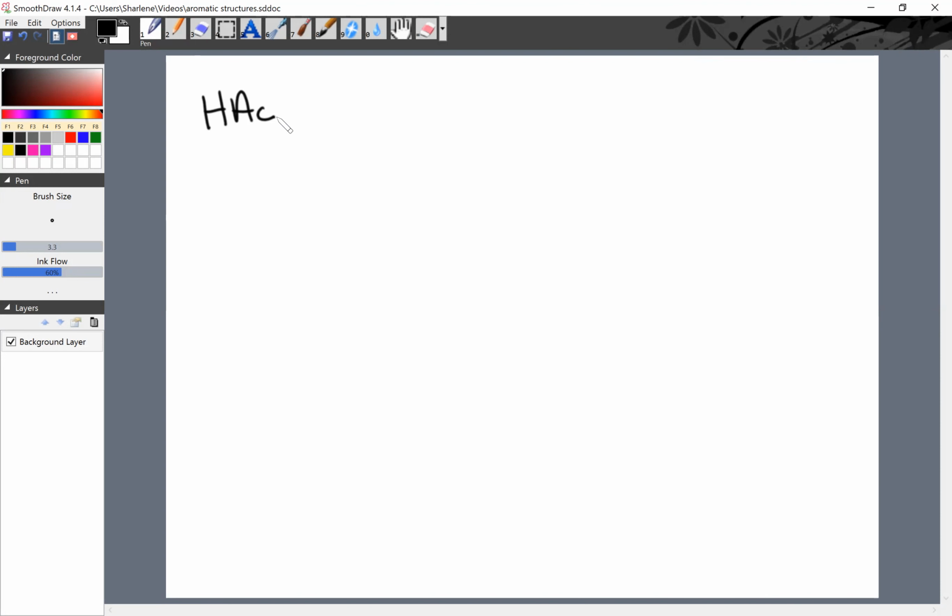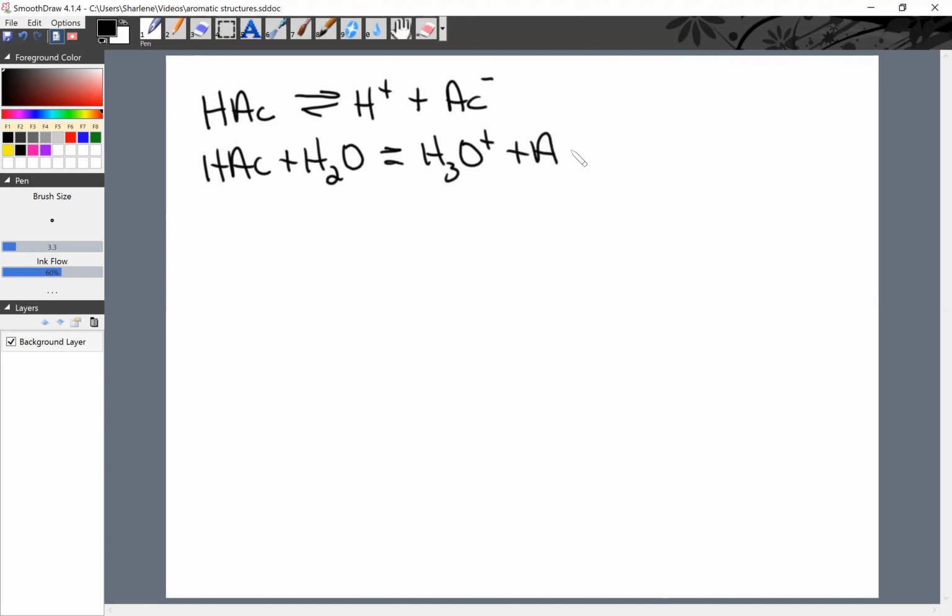So that's my nice little shortcut for acetic acid. Remember, when you do the ionization equation for acids, this and this imply the same thing. It's just shorter. This does not exist by itself, but it simplifies the equation greatly.